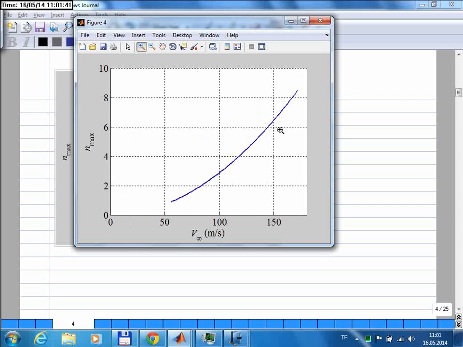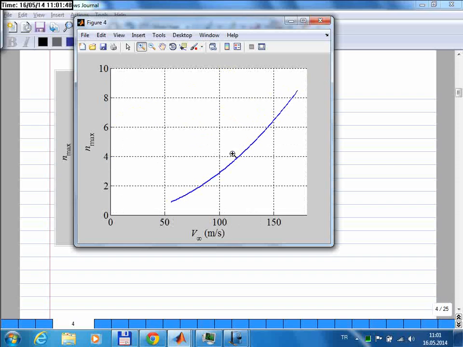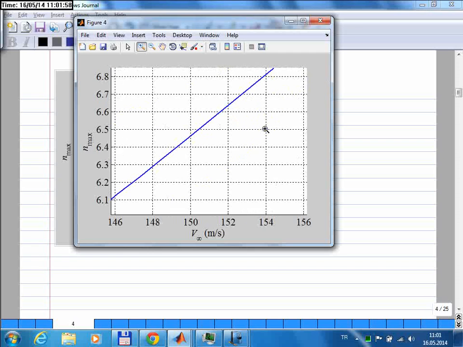If you look at the maximum load factor it can have at 100, it was 2 point something. But if you look at this graph, the load factor it can have increases dramatically, right? So while flying at 150 meters per second, for example, it can have a load factor of 6.5 almost.